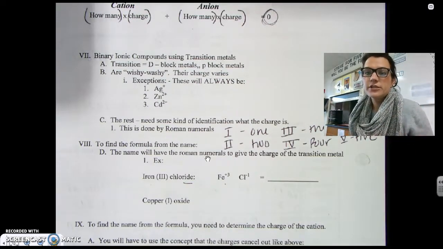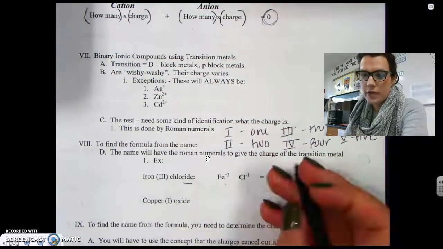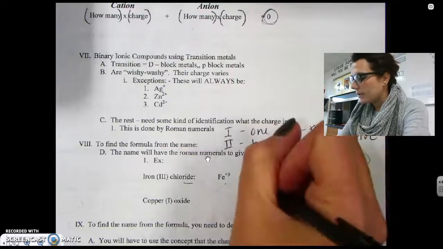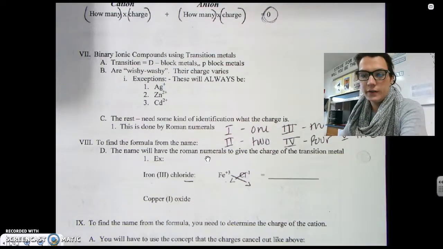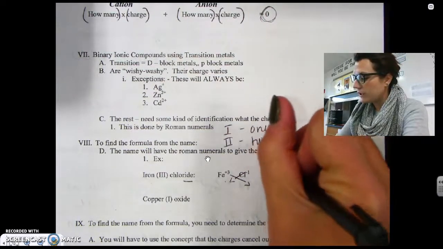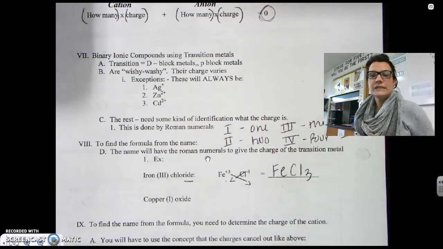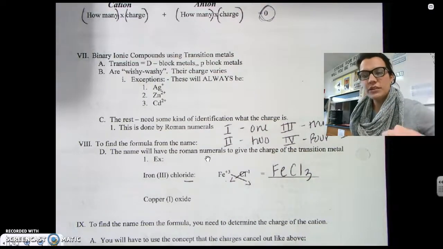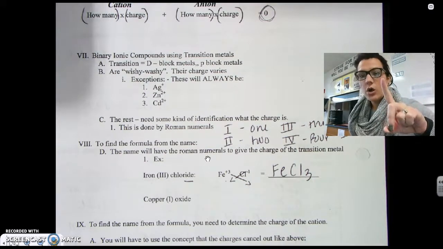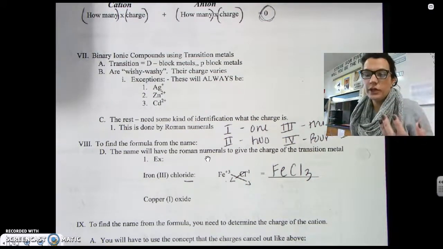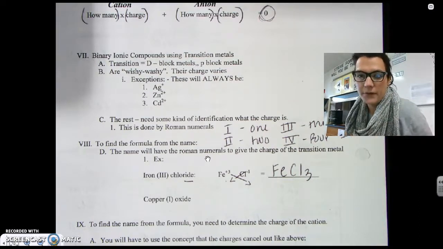If the answer is no, we have to crisscross them and make them subscripts for the other element. So I'm going to give the 1 to iron and the 3 to chlorine. So this formula will look like this: Fe1Cl3, which means that iron is losing 3 electrons, but chlorine can only gain 1, which means I'm going to have 3 chlorine atoms in order to accept all 3 of iron's electrons.